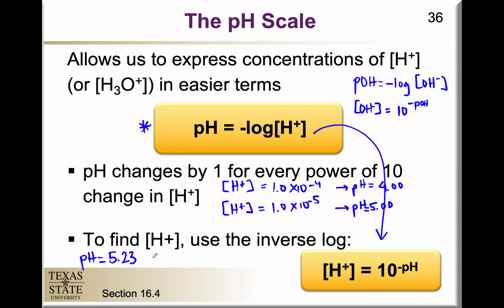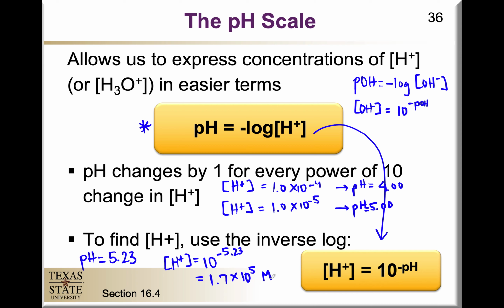If this is the case, then when you go to the calculator to find the hydrogen ion concentration, you should do 10 to the minus 5.23, and that should get you the answer as 1.698, which in this case is going to be, let's see, we need 2 decimal places, so 2 significant figures, so 1.7 times 10 to the negative 6 molar.